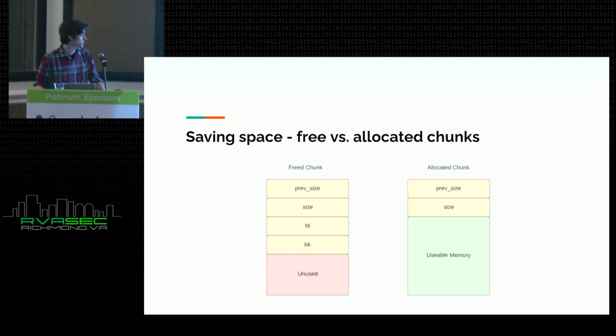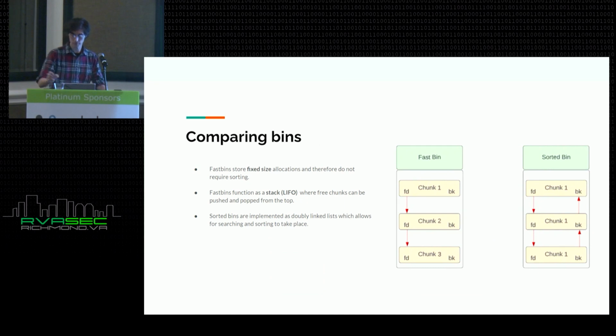So our usable memory will actually start exactly where those forward and back pointers start. And we'll be able to write over that when we free the chunks, but to save space, we'll be using that area for our usable memory.